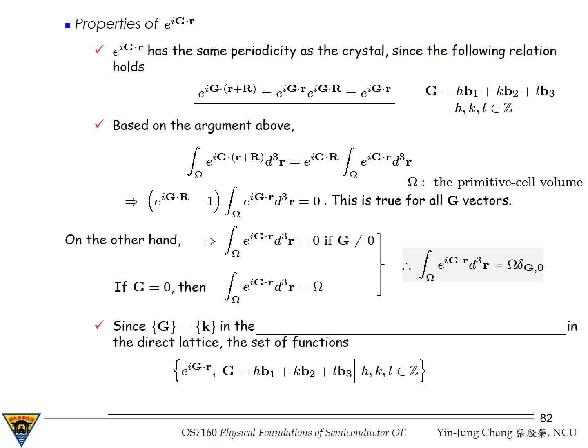In the Fourier series expansion of any periodic function in the direct lattice, the set of functions e^(ig·r) forms a complete orthonormal set, up to normalization, for representing any function that has the same periodicity as the crystal. So the main message of this page is: each e^(ig·r) is crystal periodic. These functions are mutually orthogonal over a primitive cell, and together they form the natural Fourier basis for periodic functions in a crystal.